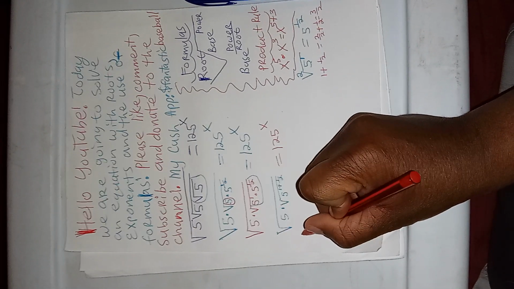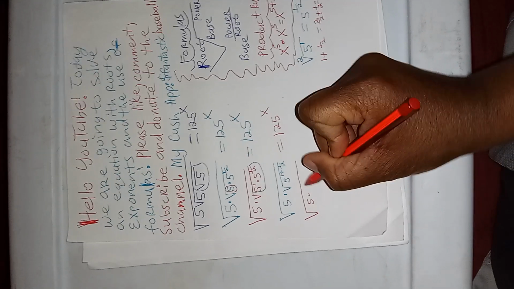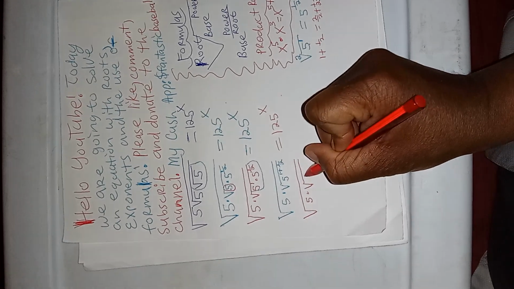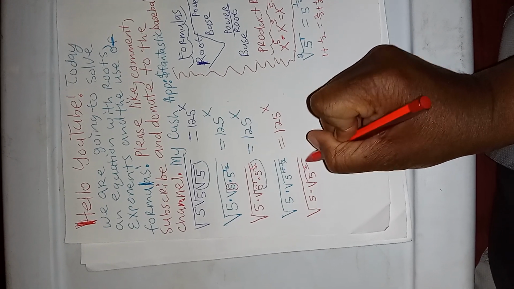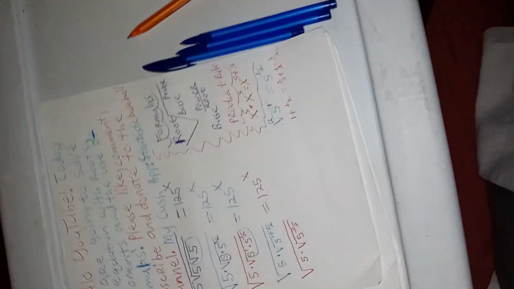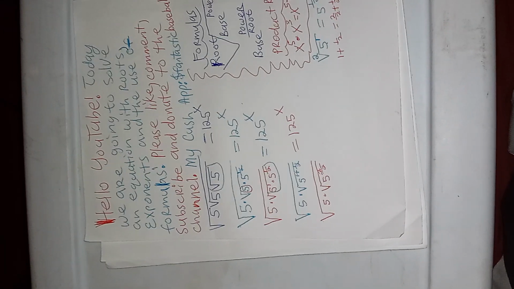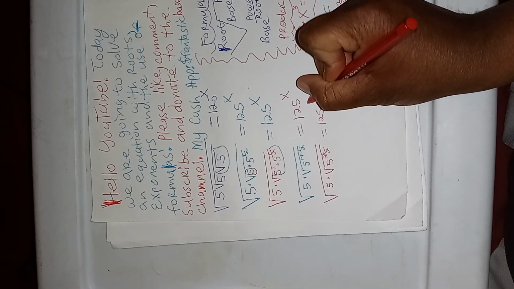So this is going to now be square root of 5 times the square root of 5 to the 3/2 power, is equal to 125 to the power of x.